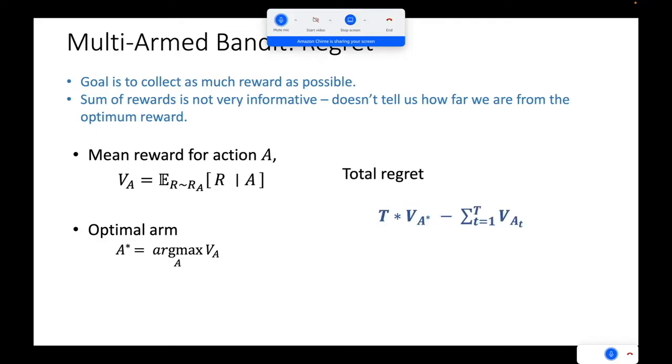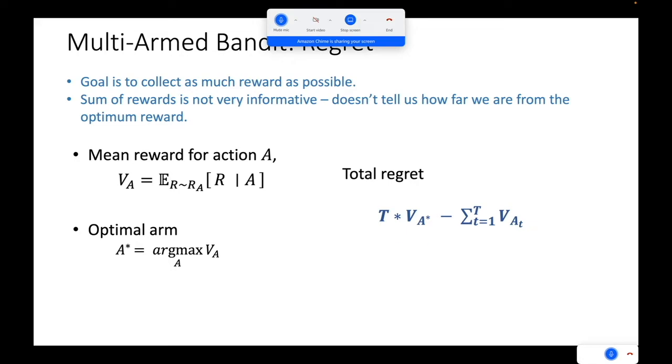But I can still write the total regret as the difference of two quantities. The first expression is the maximal reward that I could collect. So it's basically saying that we would pull the optimal arm for all the t time steps. And the right side is the reward that is collected by the agent, right?